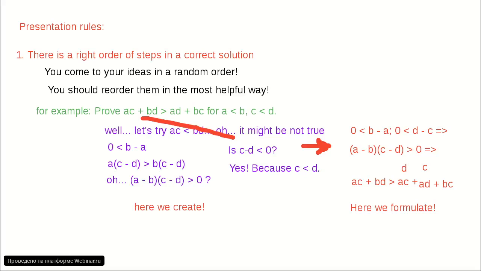So this means that when you write down a solution on white paper, you should have scratch paper and white paper, different, on different papers.